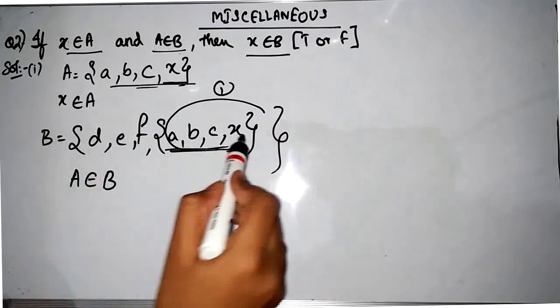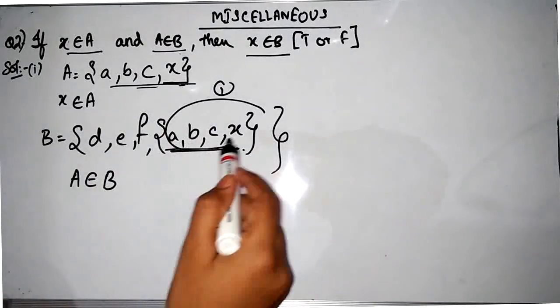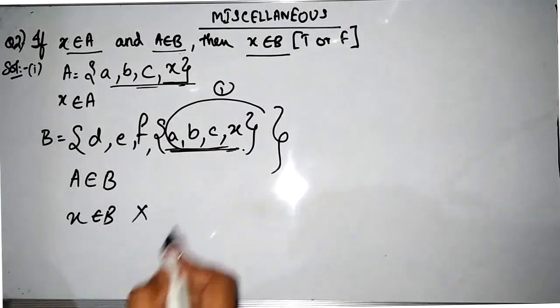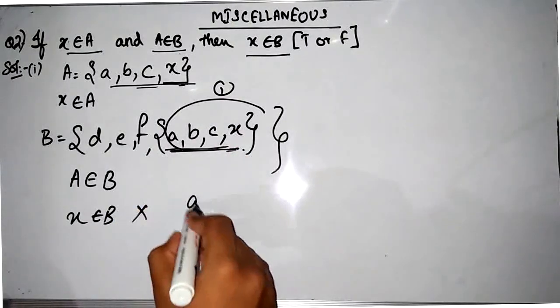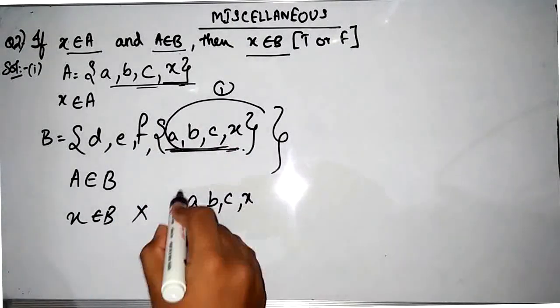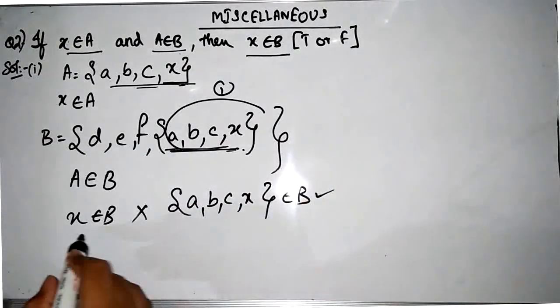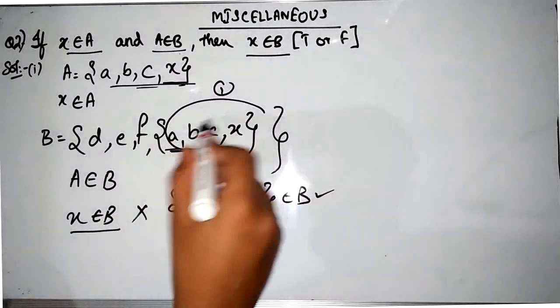Now if you check, X is with A, B, C and X. Okay, if you say X belongs to B, it will become wrong because X is not a separate element, it is inside this set. And if you say that A, B, C and X like a set belong to B, then it would have been correct. If you say only X belongs to B, it becomes wrong because X is along with this group of elements.